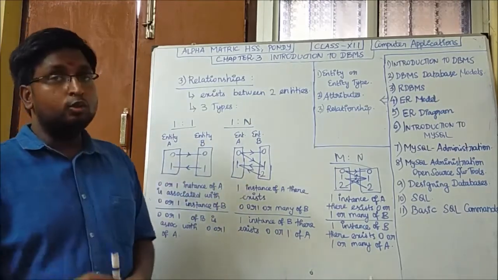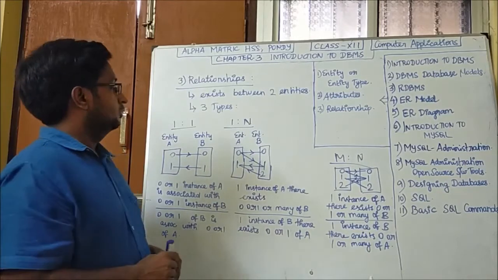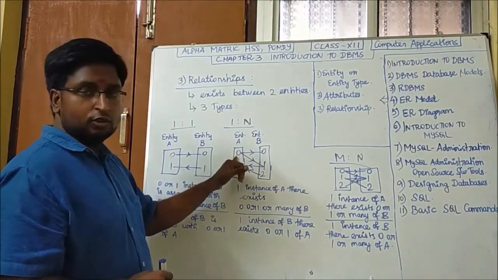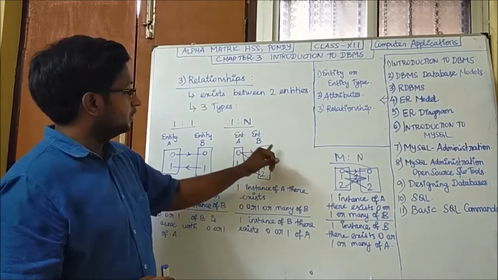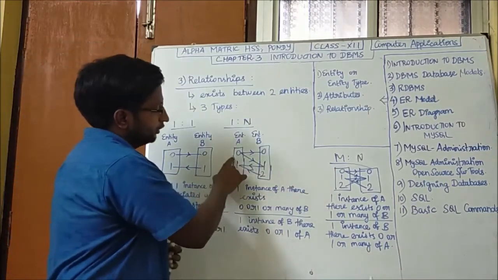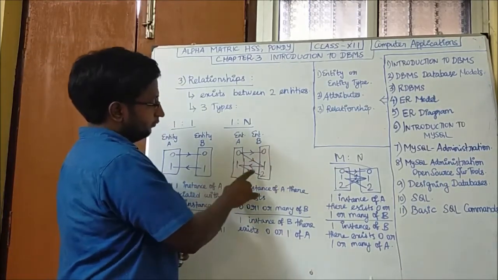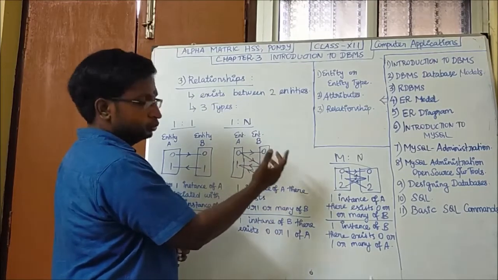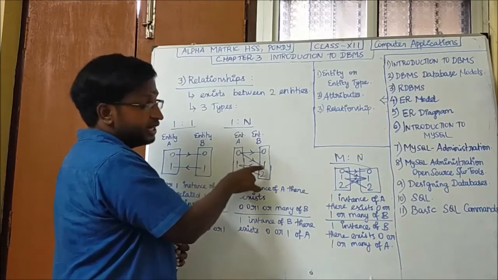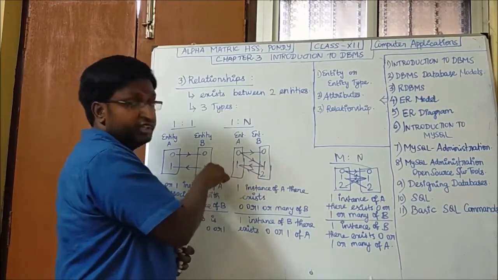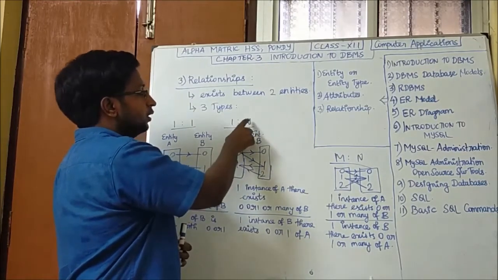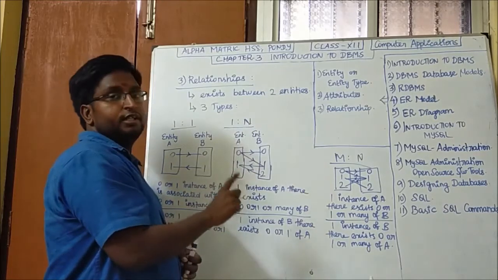Next one is the one-to-many relationship. From the term one-to-many, one instance of A is associated with many instances in the entity B. So 0 is associated with 0 and 1, and here you see 1 and 2, many entities associated with a single entity in A. Coming back, many entities will have one entity relationship.